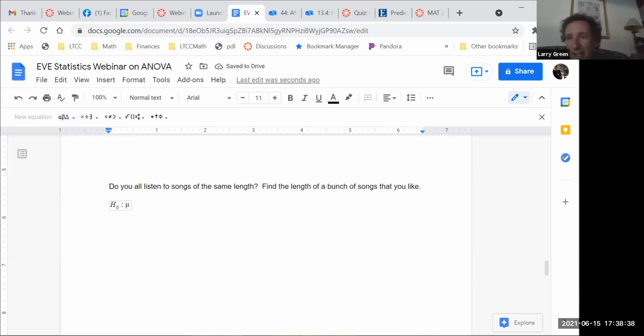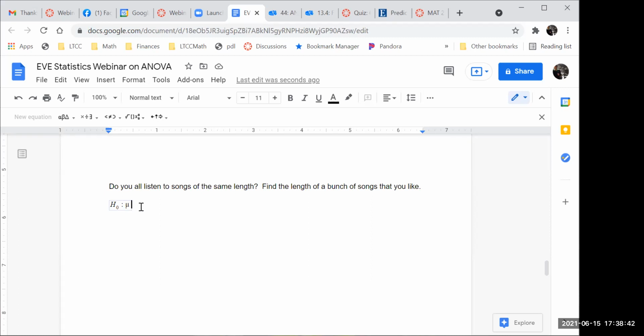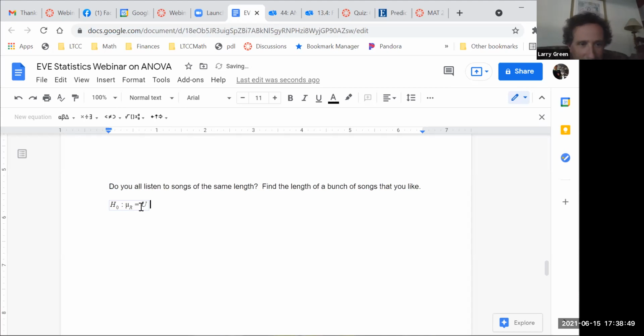Okay, I'm going to go mu sub R equals mu sub S equals mu sub M equals mu sub J equals mu sub B. Any guess on what R, S, M, J, and B mean?